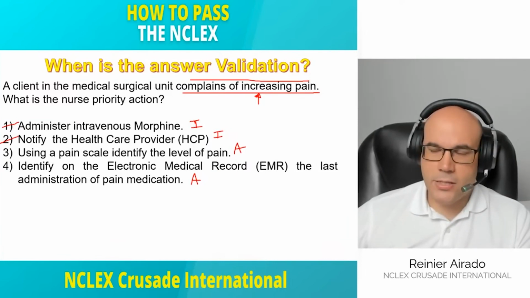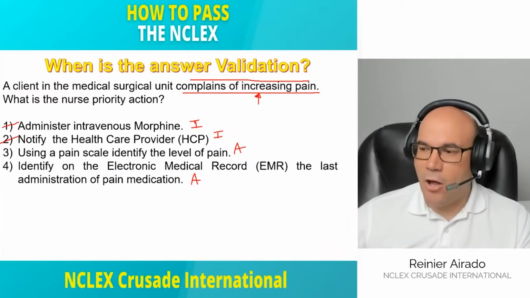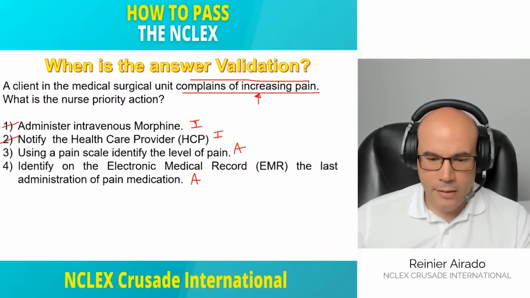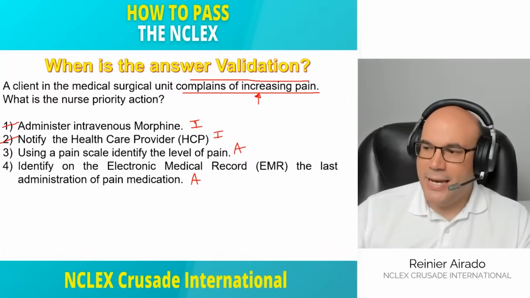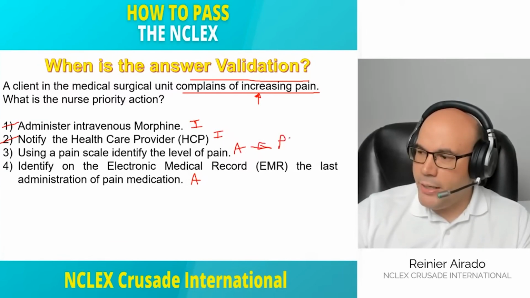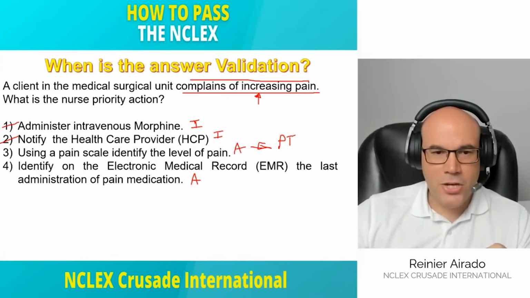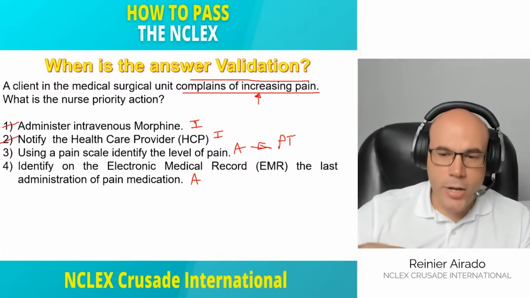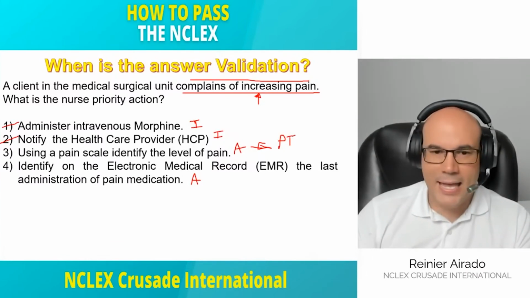Answer number 3 says, using a pain scale, identify the level of pain. Identify what? The patient's level of pain. So answer number 3 is an assessment that I am doing with the patient. I am including the patient in this answer.